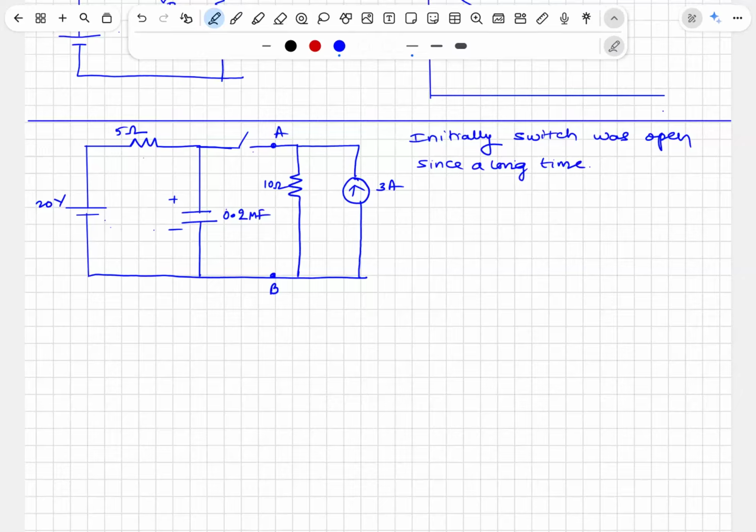Now till this point I did not introduce the constant current source. Till now whatever I have been doing is just maintaining a constant voltage source on, right? And then it is closed at t equal to 0. First, find the time constant.